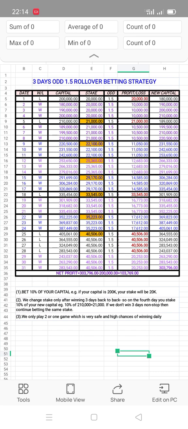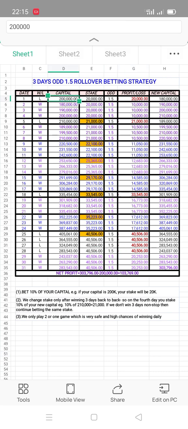Okay, let's go to the table that you see there on the screen, and we go to the column for date. On day 1, okay, let's go to the column for capital first. We had our capital of 200,000 and we multiplied it by 10% to get a stake, and the stake we got is 20,000.